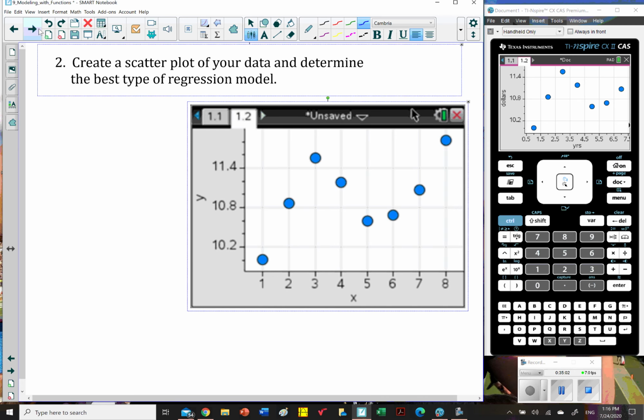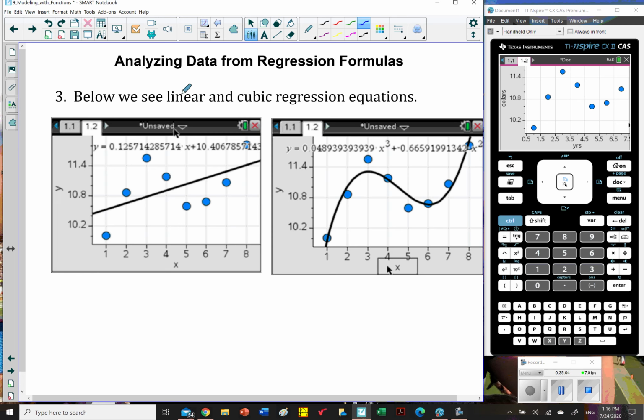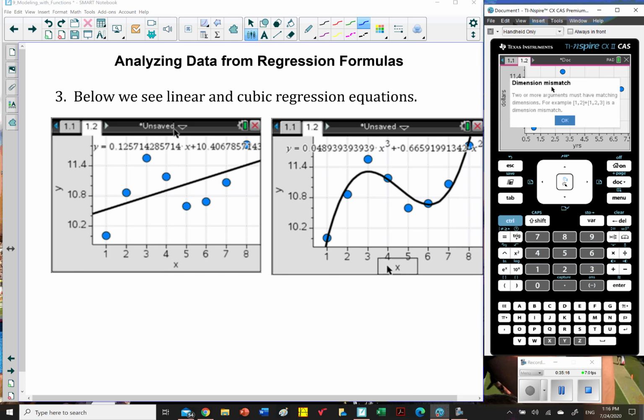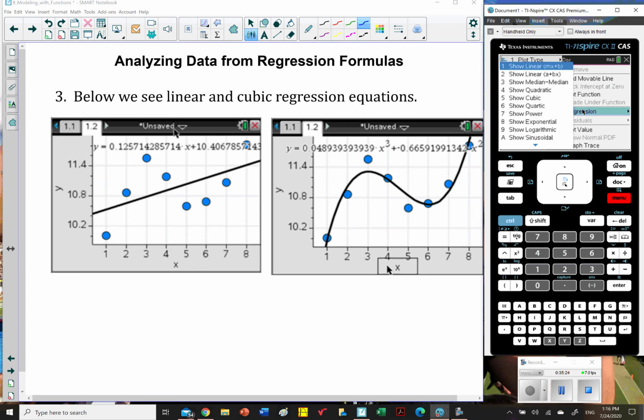So we got to choose a regression equation. And part C says we're going to get a linear equation, so we can go menu, analyze, regression, and if I choose linear, it won't let me do that one. Menu, analyze, regression.